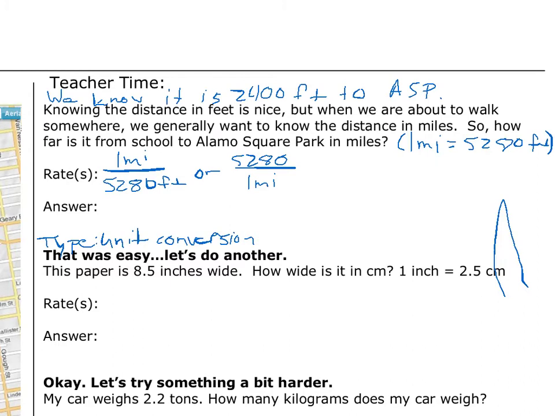So I always set up these unit conversions just like rate problems, and that's how I know how to multiply and how to divide. This is one of the key ideas in this unit: the units can tell you exactly what you need to do. So our answer is we want to know it is blank miles to Alamo Square Park.